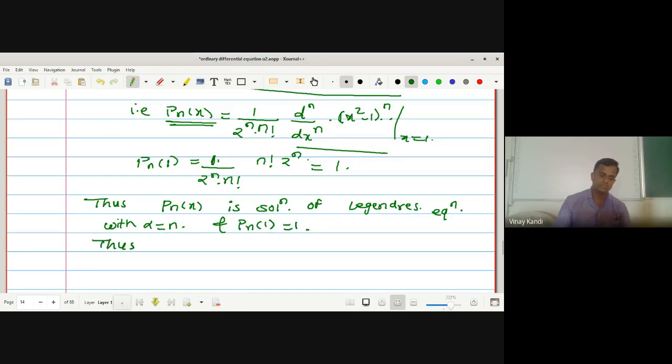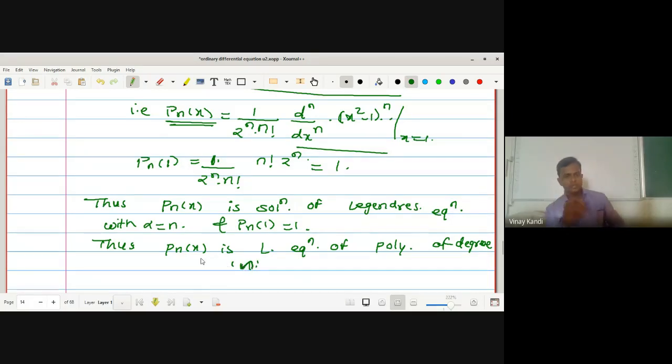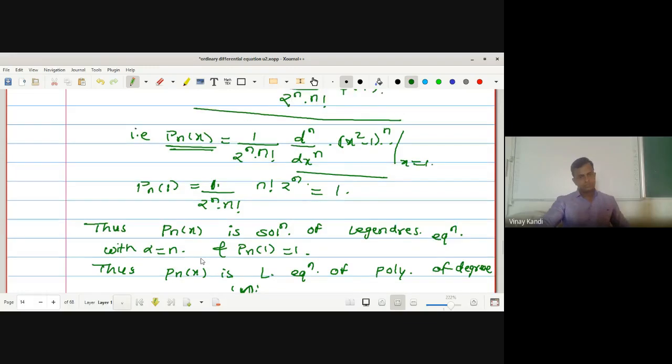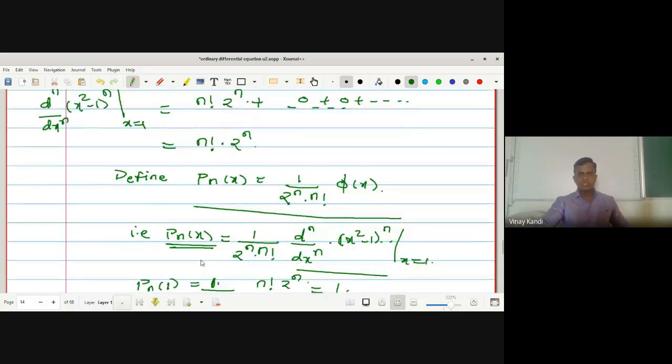Thus, Pn of x is Legendre's equation of polynomial of degree n. Okay, any doubt? Any doubt up to here?